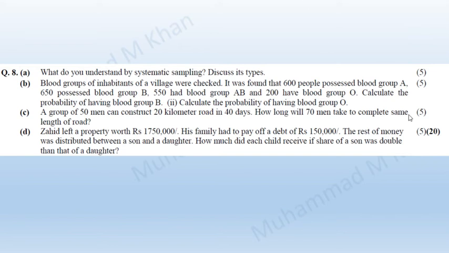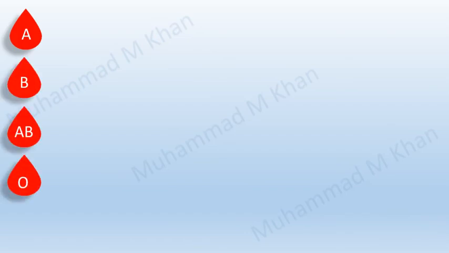Since part A of the question is a theoretical one, I'll start with solving part B of this question. In part B, we have been given different numbers of people having different blood groups.